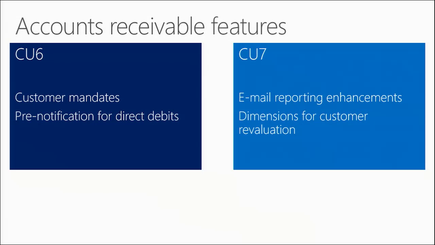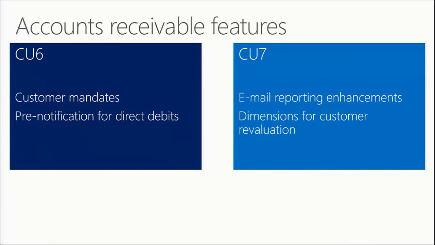What we were hearing, though, is customers also wanted the unrealized gain or loss to also pull the dimensions from the invoice, specifically in receivables case from the revenue account, in order to make sure that their costing reports are properly reflecting the unrealized gain or loss also at the dimension level. So that was specifically what we introduced in CU7 around customer revaluation, is pulling those dimensions not only for AR, but also for the unrealized gain or loss from the original invoice.